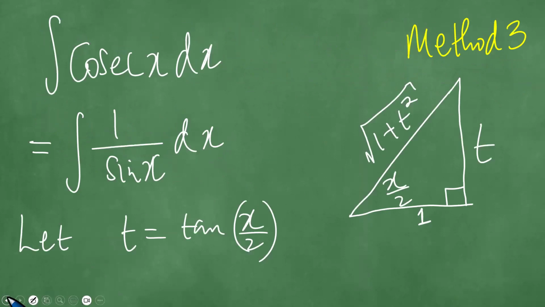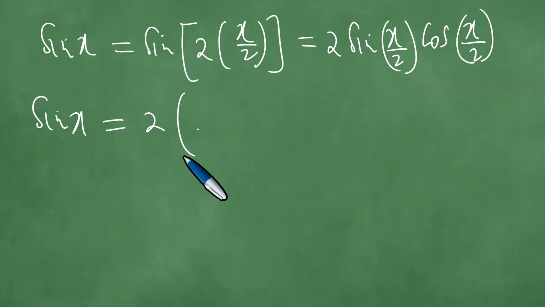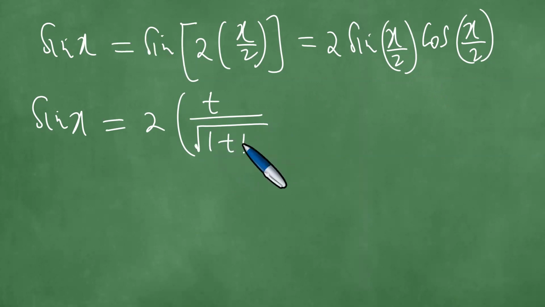The sine of x over 2 is opposite over hypotenuse, which is t over the square root of 1 plus t squared.